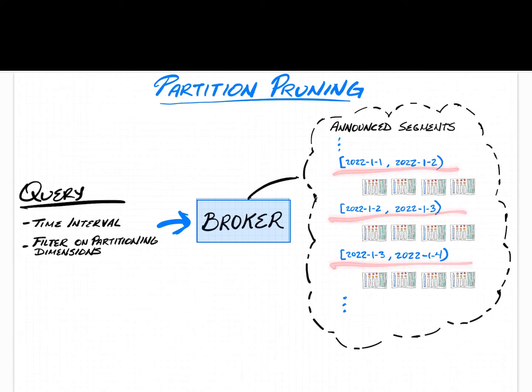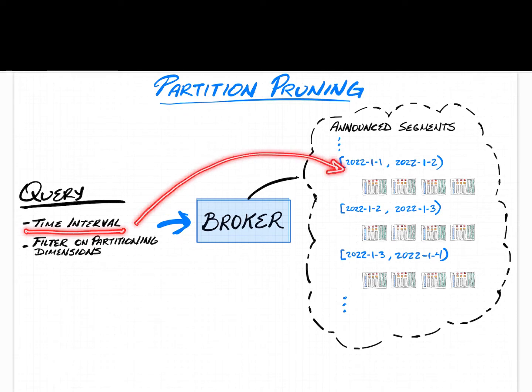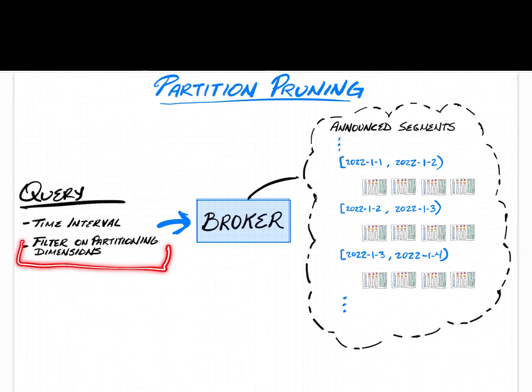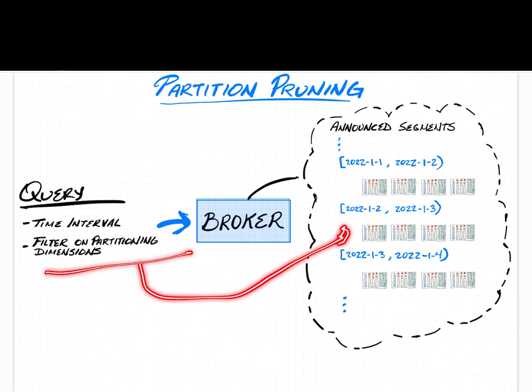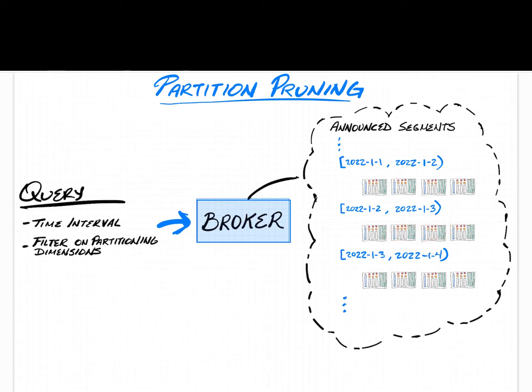The broker knows about all of the time segments that it owns and all of the segments within each time segment. When a query arrives with a time interval filter, it selects the particular time chunk to read from, and by using the filter on partitioning dimensions, we can further select a subset of the partitions to read from in those time chunks, whether it's one partition or a few. So let's look at each of the partitioning strategies and see how they behave.